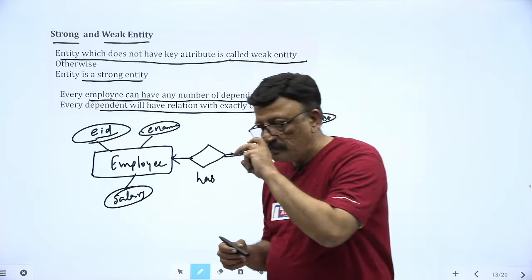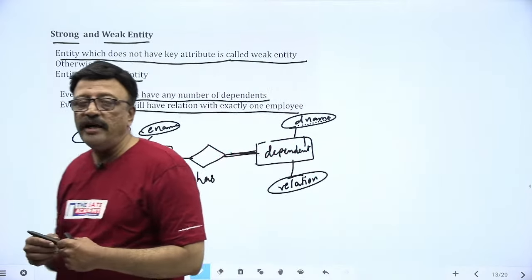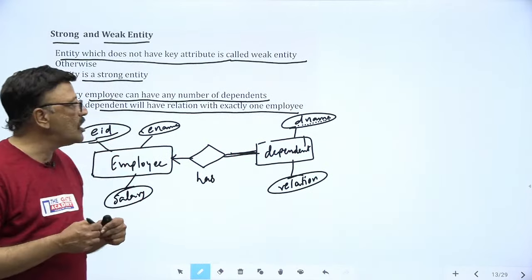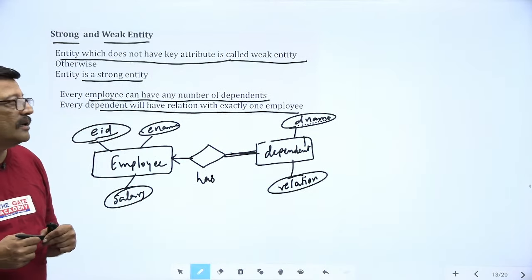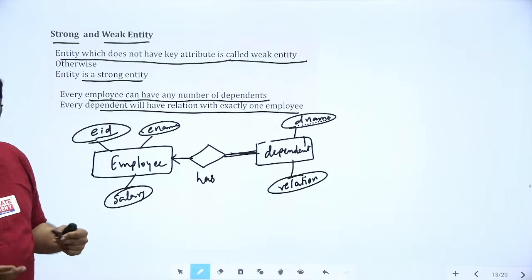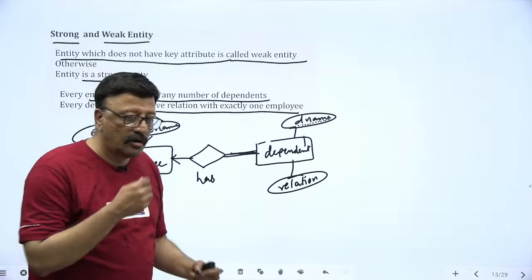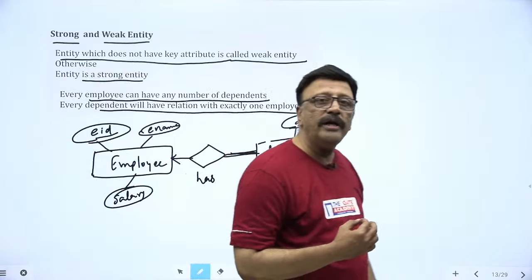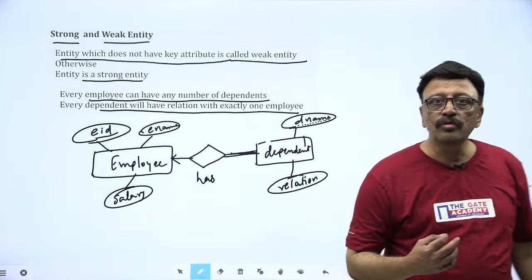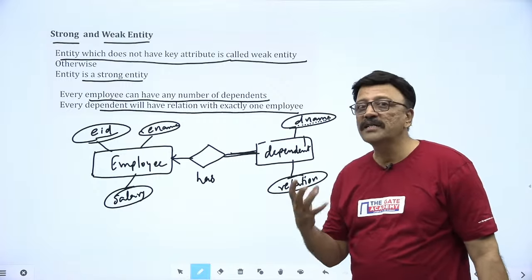So I'll wait for just 5 to 7 seconds in case you want to ask some query. You may, or I will proceed to a very interesting point, how to learn what is the relational model.